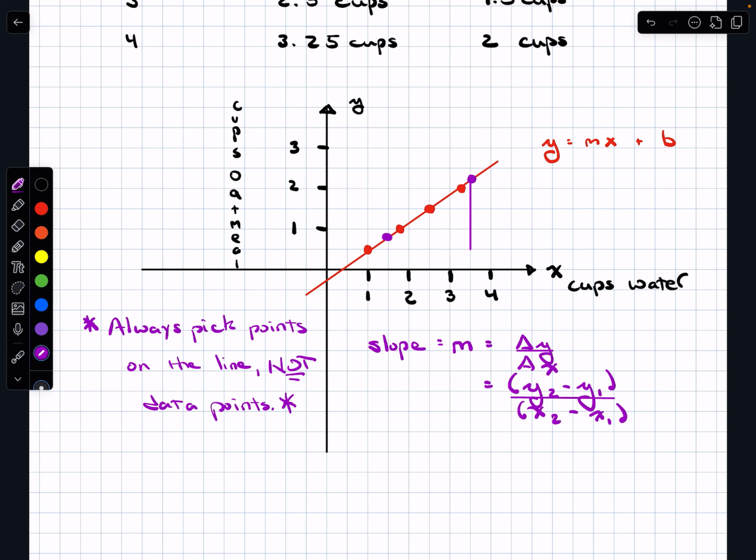We're going to use this information to figure out the equation of this line. This point up here is x2, y2, and this point down here is x1, y1.